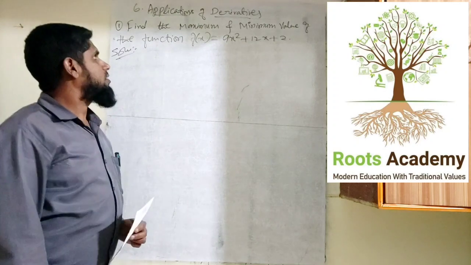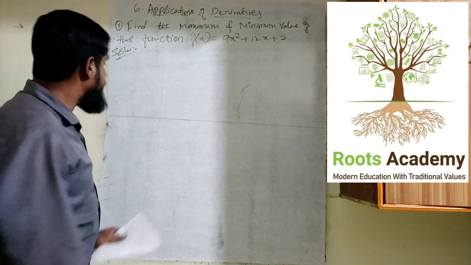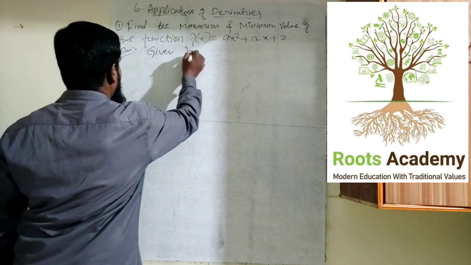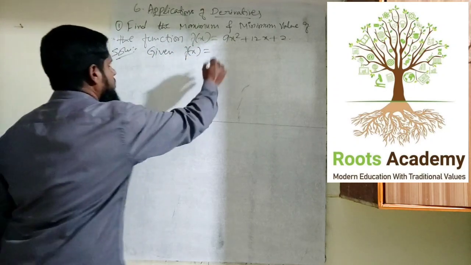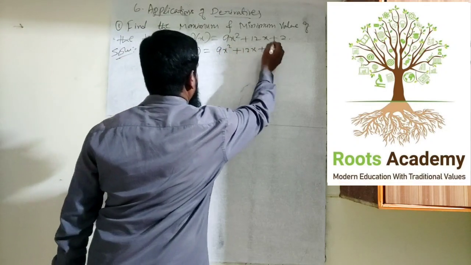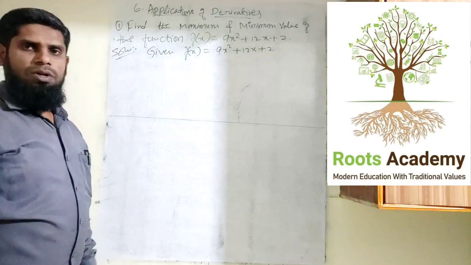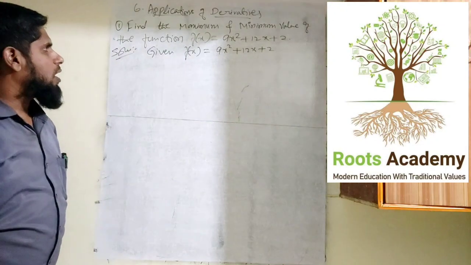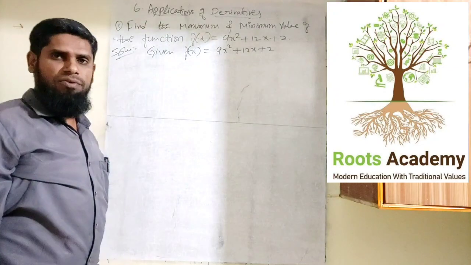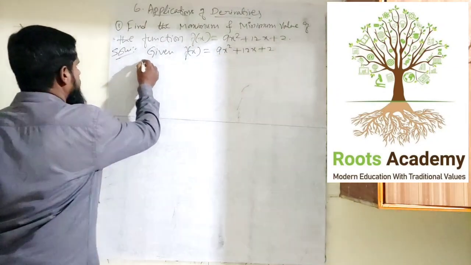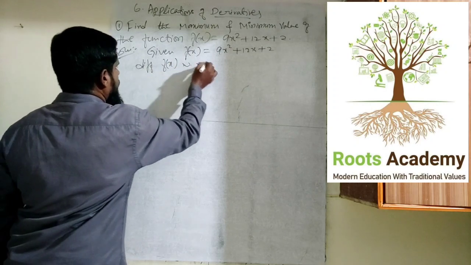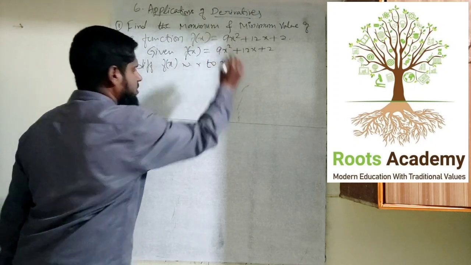So let us solve this problem. Given f of x is equal to 9x square plus 12x plus 2. Okay students, I am following the first derivative test to find the maximum and minimum value here. So let me differentiate this. Differentiate f of x with respect to x.